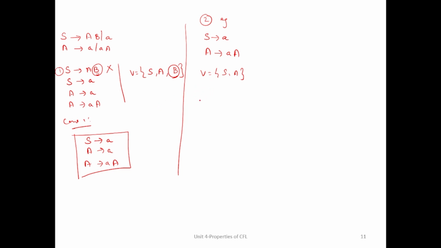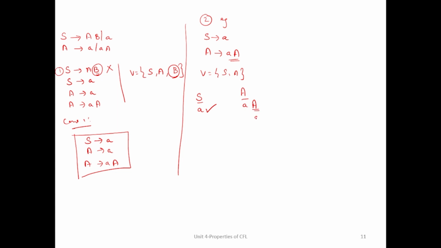But in case 2 format, these two symbols are non-terminals. If you substitute S with small a on its right side, S is able to produce an input string. But if you consider capital A, instead of capital A we can write small a capital A. This is called a derivation.